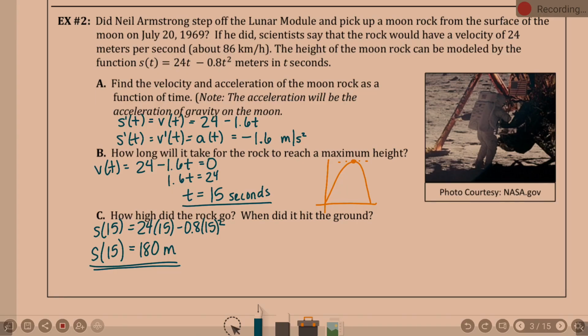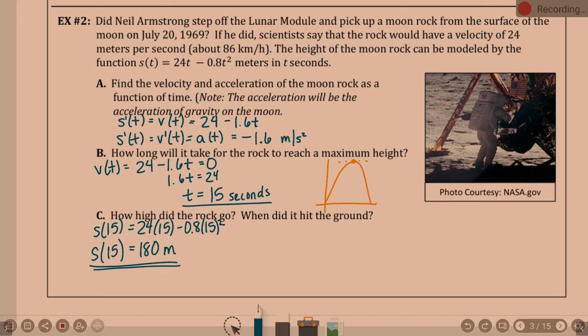When did it hit the ground? So you would just plug 180 in for s of t and solve from there for t. Or you could, no, that would work out because of the t squared. I was just going to say 30 seconds. Possibly. So mathematically, though, what do we do? When it hits the ground, what do we know?